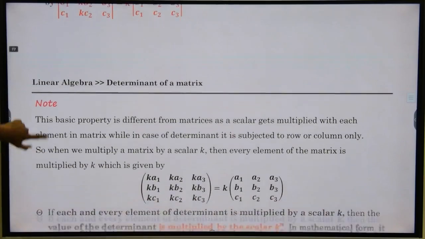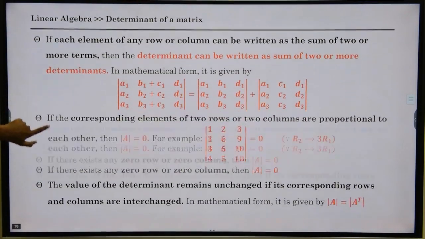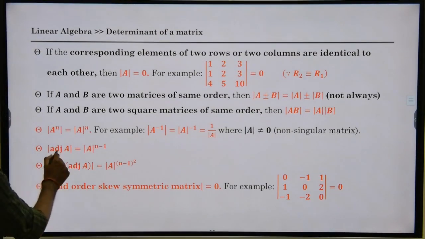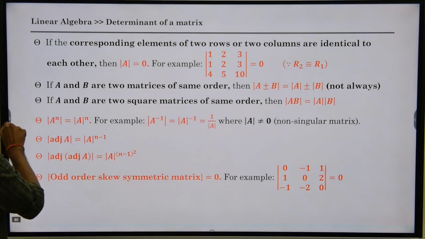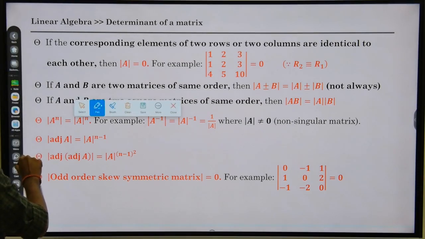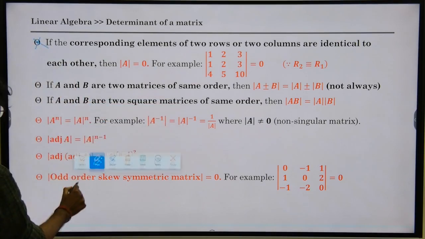Okay, we have written, it is just repeating. So this is not required. This property is not required. We have already done it.